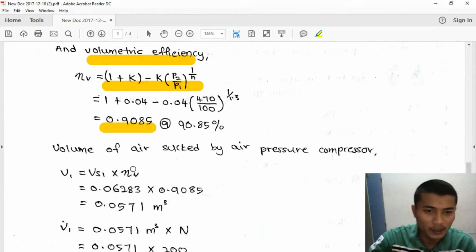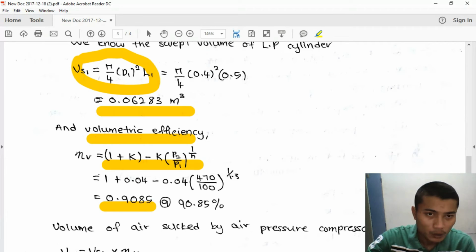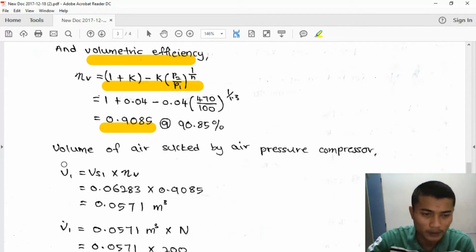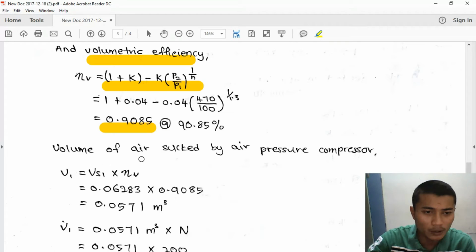From the swept volume and volumetric efficiency, we can get the volume 1. The formula to find the volume sucked by the air compressor is swept volume times volumetric efficiency.